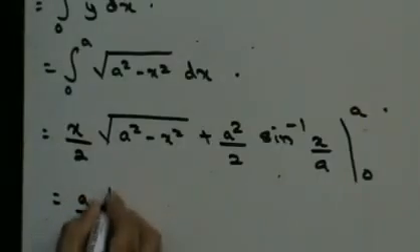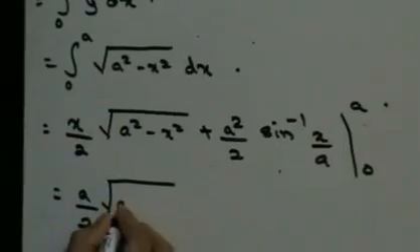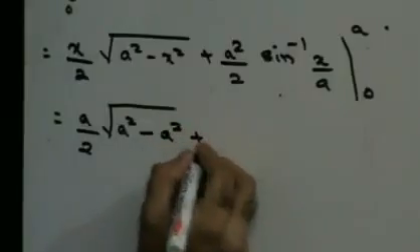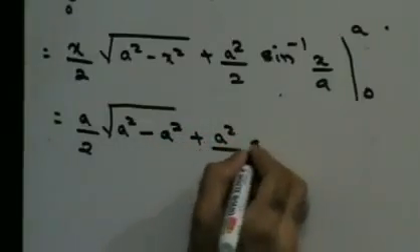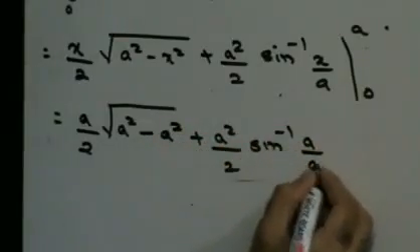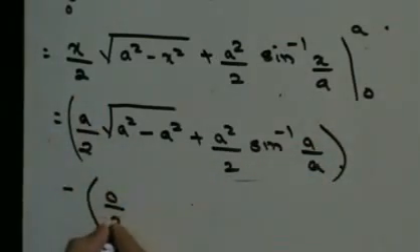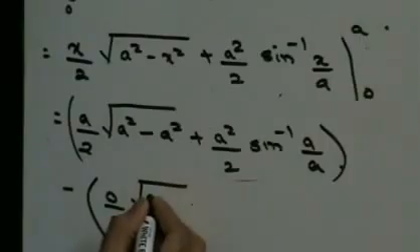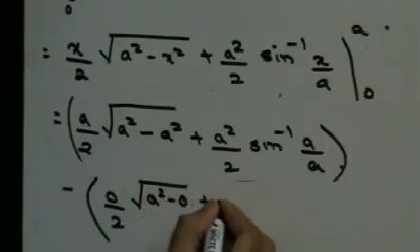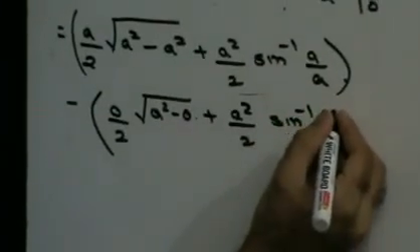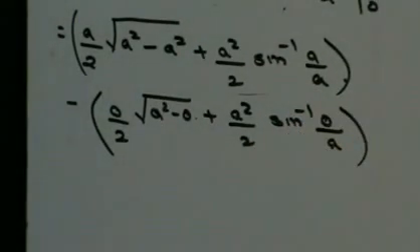So this is going to be a by 2 root of a square minus a square plus a square by 2 sine inverse of a by a. I'm substituting with upper limit minus lower limit, 0 by 2 root of a square minus 0 plus a square by 2 sine inverse of 0 by a.